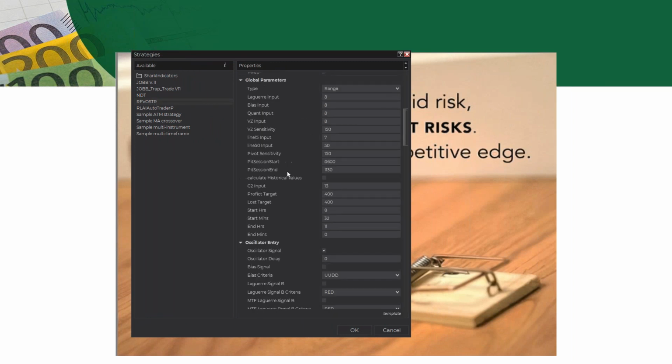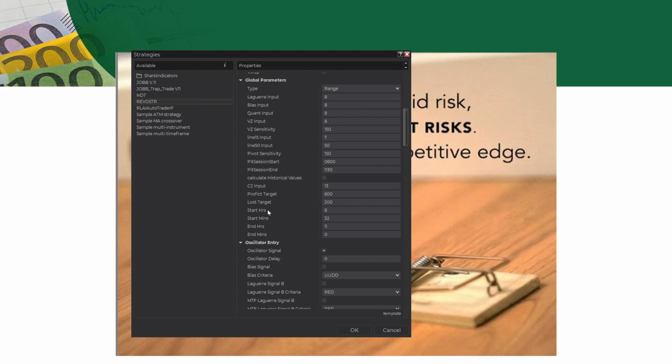On the auto trader, you can set a max profit and a max loss for the day. Let's say you don't want to lose any more than $200 today, and your max profit, if we're 3-to-1, is $600. If it takes a trade and you lose $200, it won't trade anymore for the day.